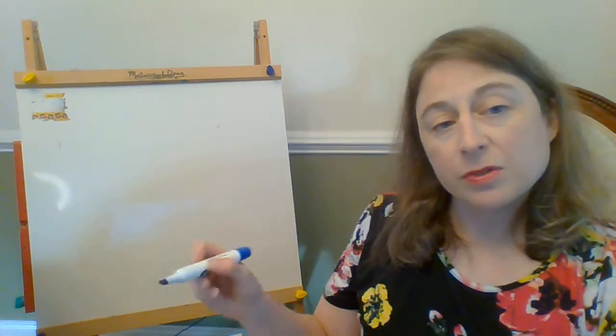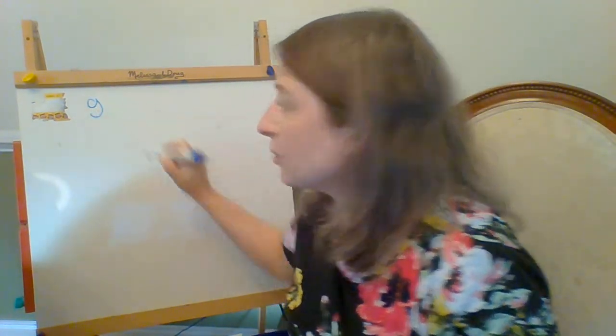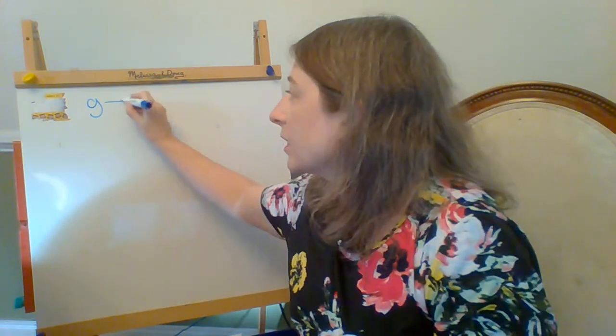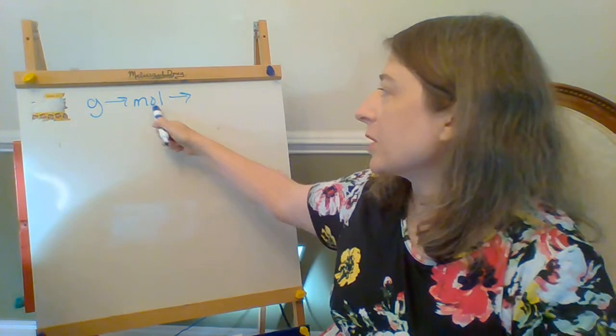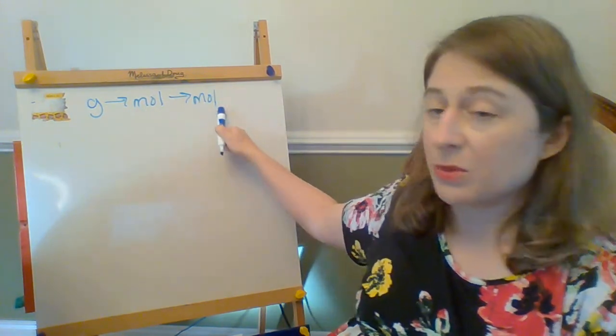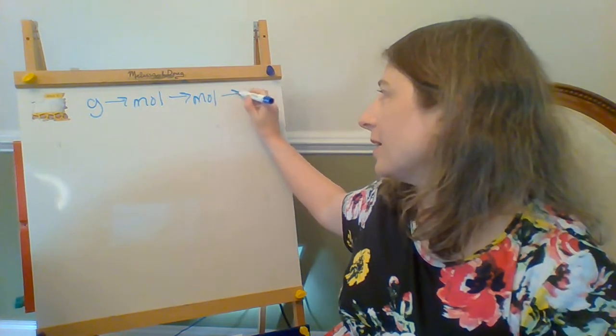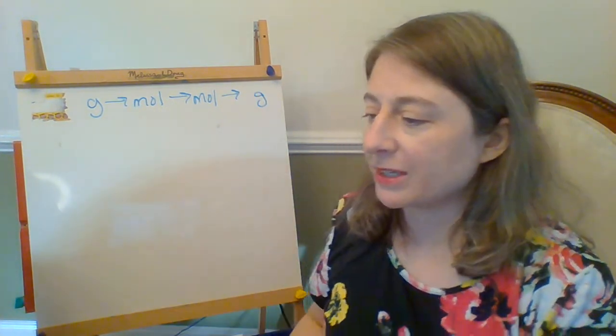You can't just go from grams of one thing to grams of another thing though. If I know grams of one reactant or product, I can convert that to moles. Then I can use the stoichiometric coefficients to convert moles of one chemical to moles of another chemical. Then I convert that back to grams using the molar mass from the periodic table.